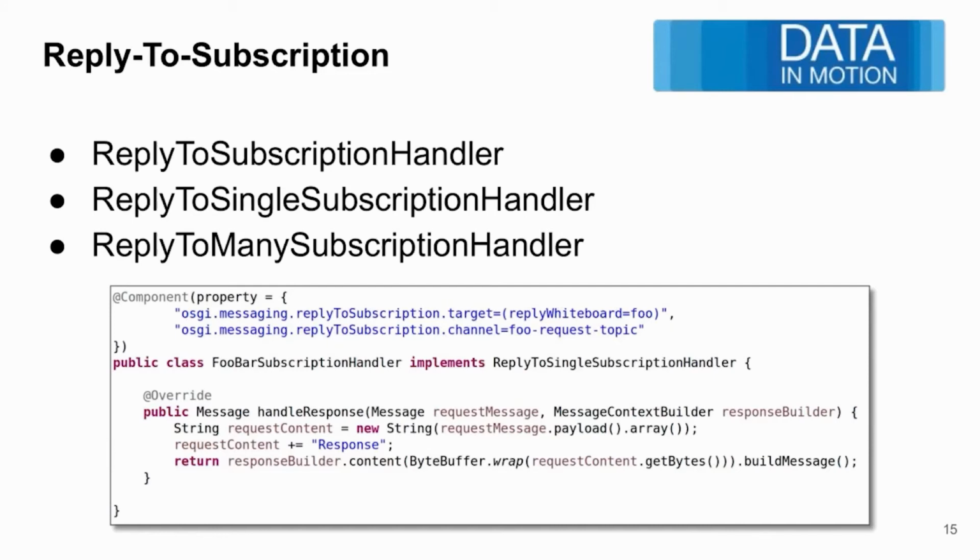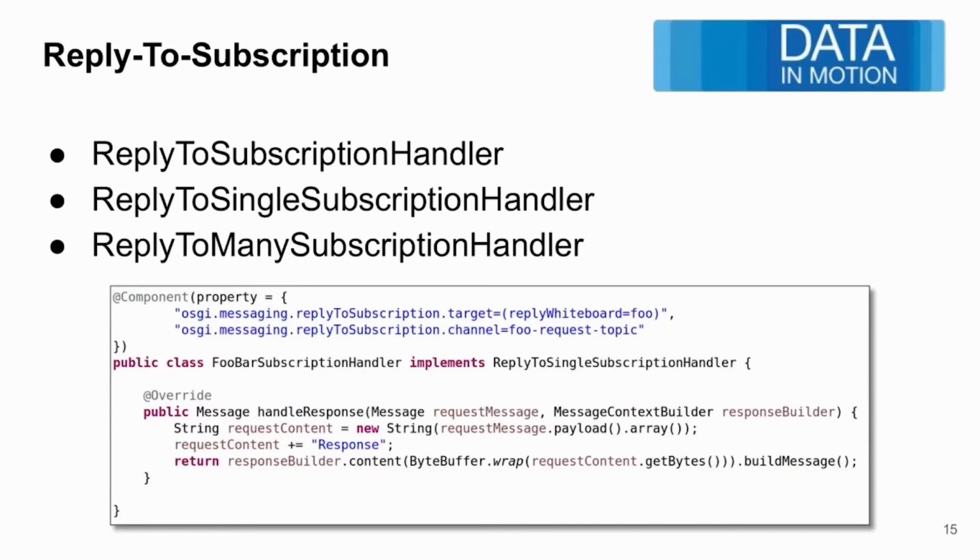One can handle a request message without creating a response. This is for send and forget handling. The second accepts a request message and returns a response message. And the third interface accepts a request message and returns a push stream of response messages. So the user can easily implement their business logic and register the implementation as a service using one of these 3 subscription handler interfaces.